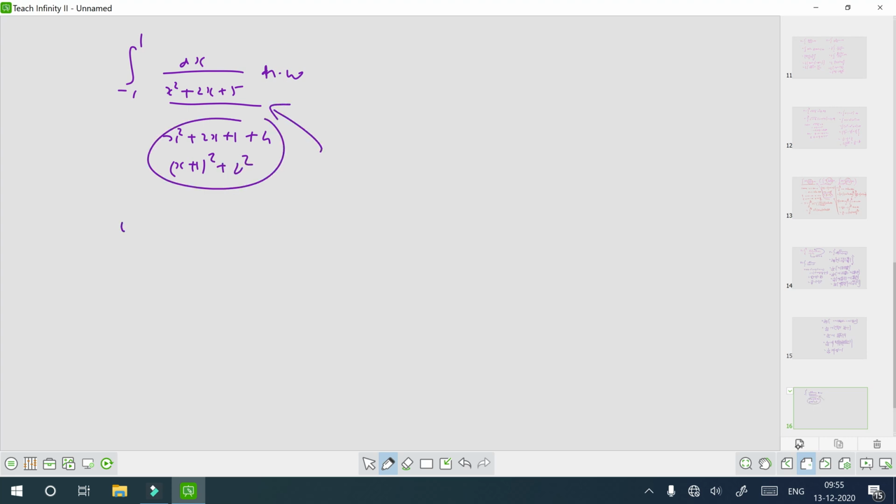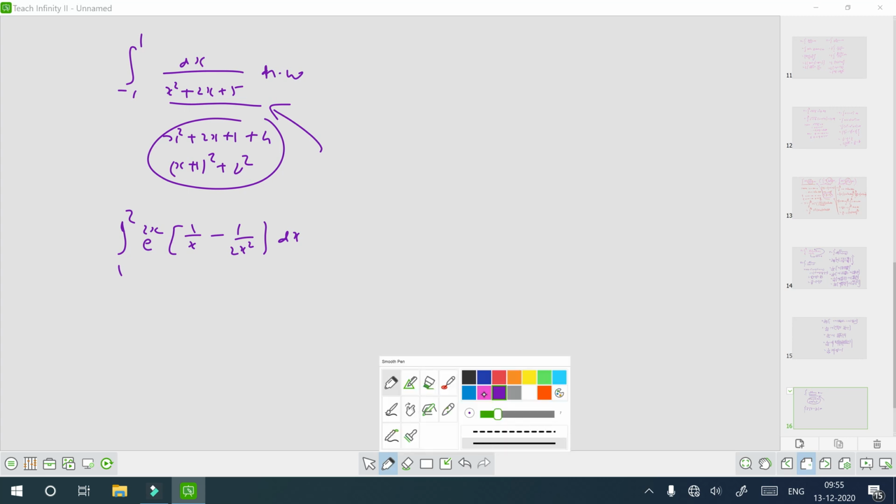Next one, I is equal to integral from 1 to 2 of e raised to 2x into (1 by x minus 1 by 2x square) dx. See here. Here also we have to see an interesting sum.